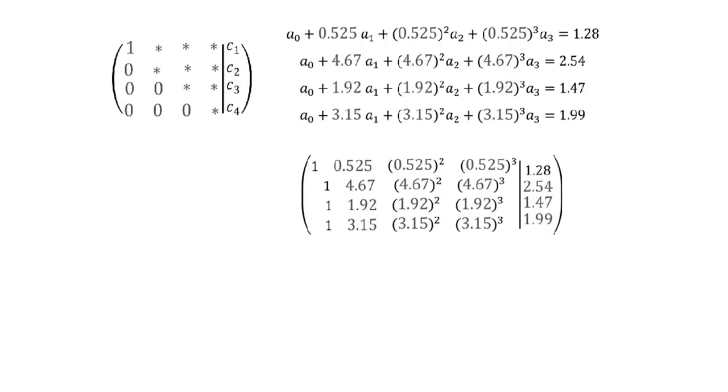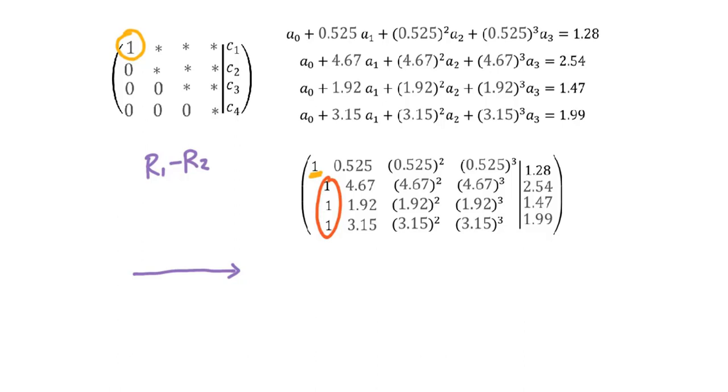First step, you need to make this position number 1. We already got that over here. Then you need to make this 3 equal to 0. There are two ways to do that. You can use row 1 minus row 2, then row 1 minus row 3, row 1 minus row 4.